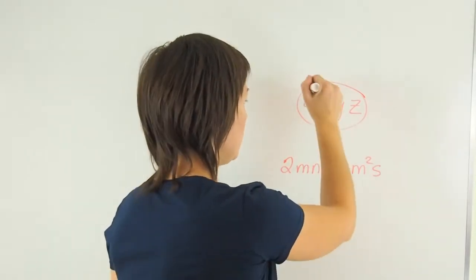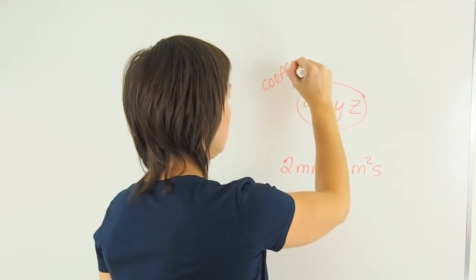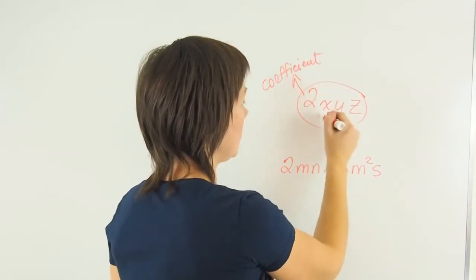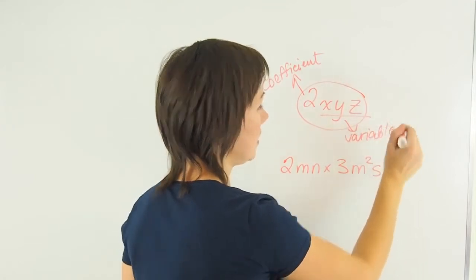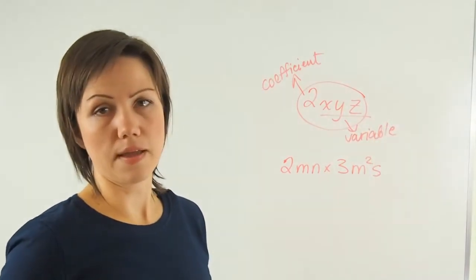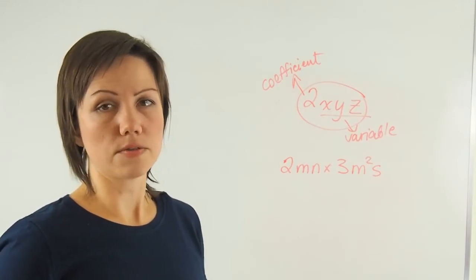This number here is called the coefficient, and the letters are called variables, since we can potentially replace them with any number and evaluate this expression based on those values.